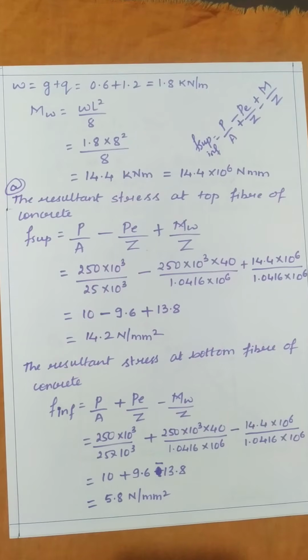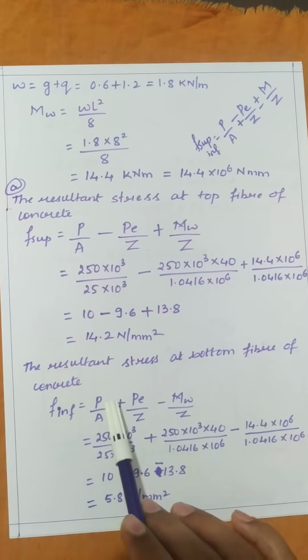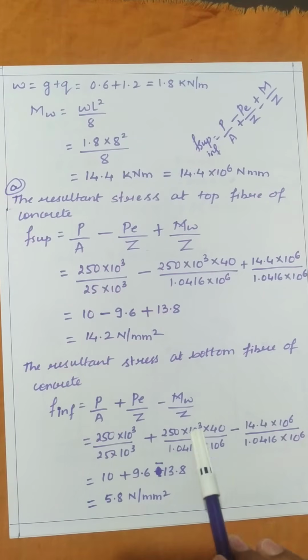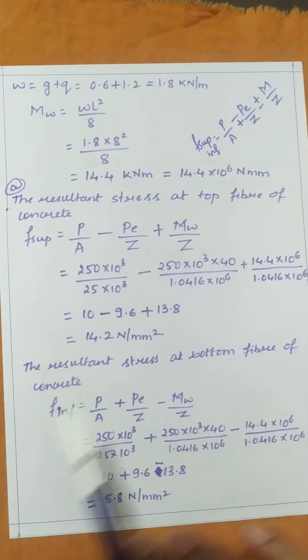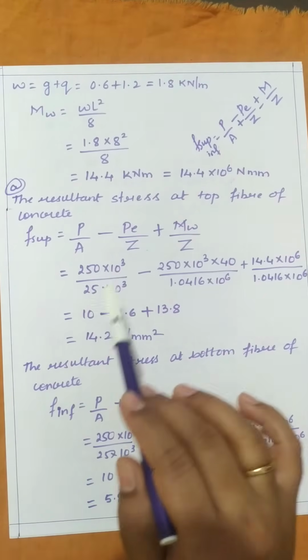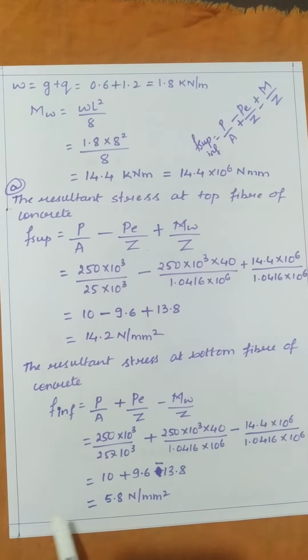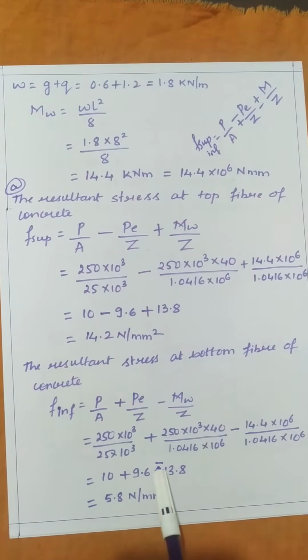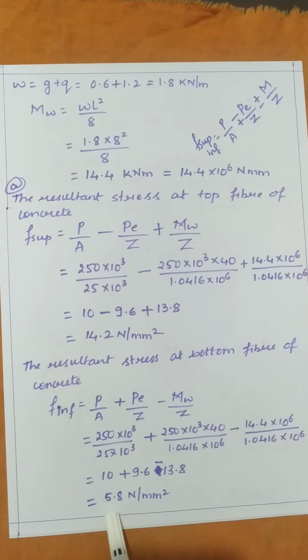Then the resultant stress at the bottom fiber, F inferior, is equal to P by A plus P by Z minus MW by Z. Substituting the values, 10 plus 9.6 minus 13.8, we get 5.8 Newton per mm square.